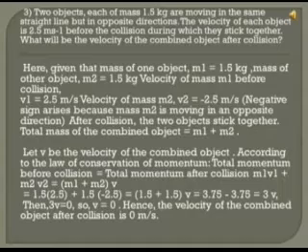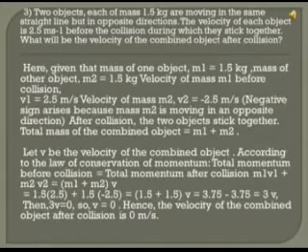After the collision, two objects stick together. Then the total mass of the combined object will be m1 plus m2. Let v be the velocity of the combined objects. According to the law of conservation of momentum, total momentum before their collision is equal to total momentum after their collision.